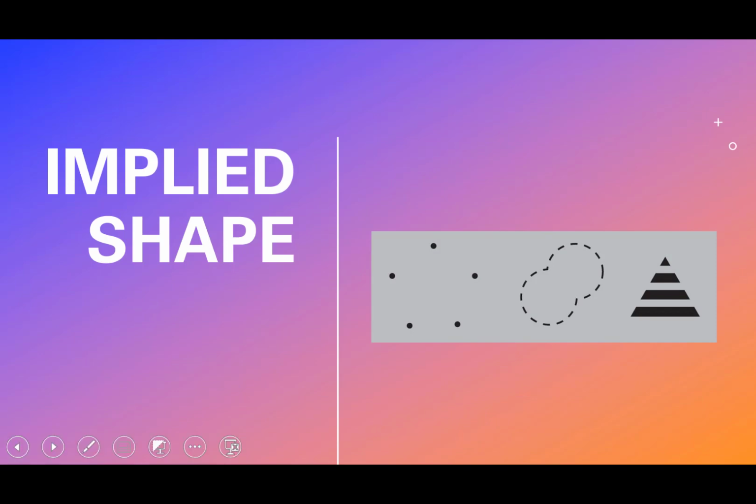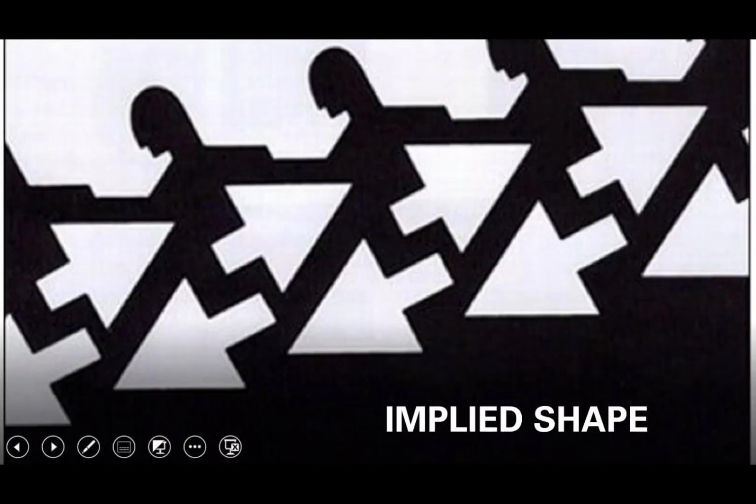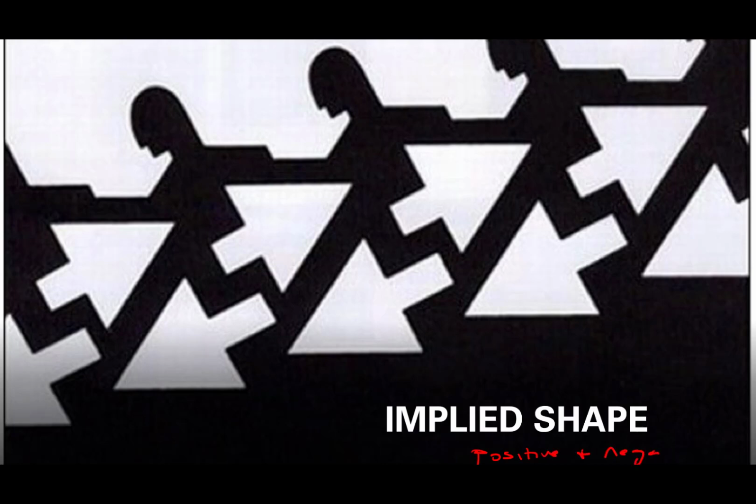Now the next one is a really good example. So do you see the implied shape? This moves us into positive and negative shape. This is implied shape, and it is also a positive and negative shape. I picked this one because it was a perfect transition to show. So where's the implied shape?